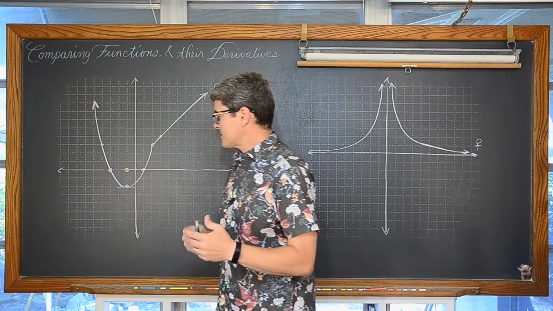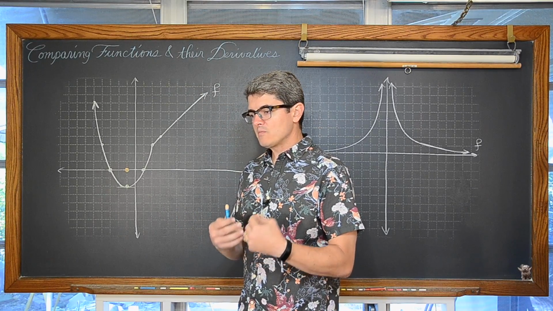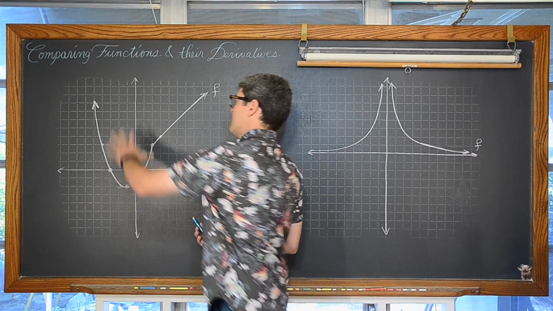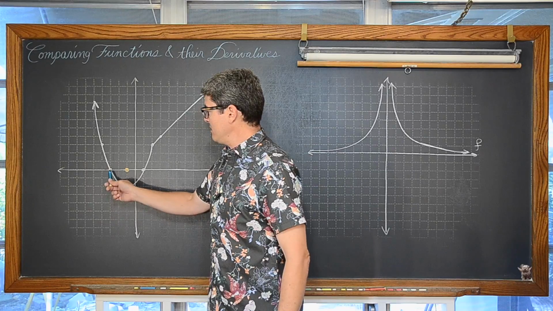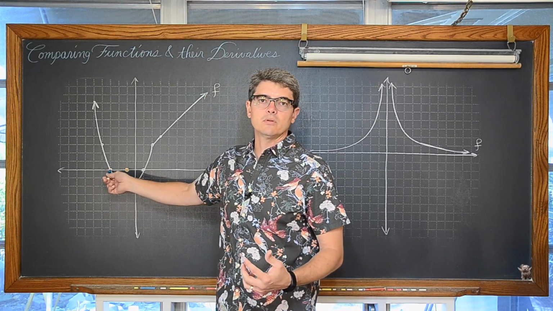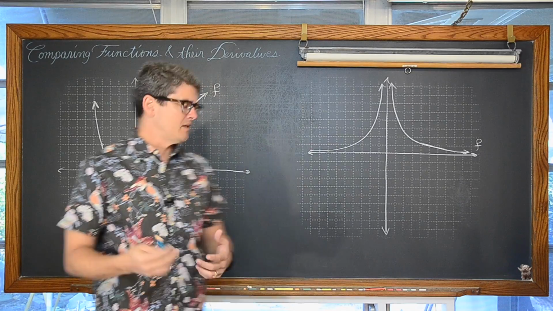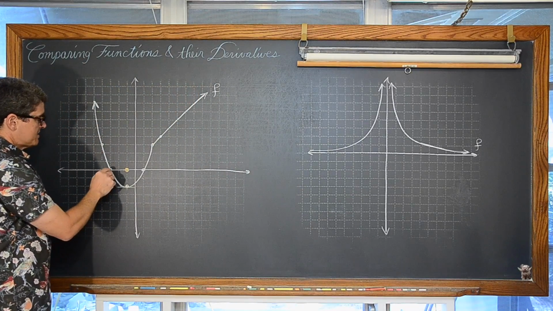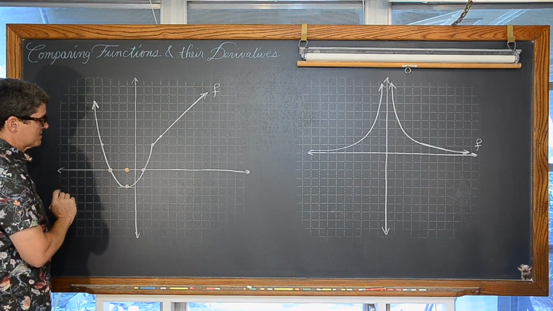And it seems to be helping for me to force my kids to not look at this as one complete picture, but break it down into pieces. So let's say we look here where x is equal to -3. What does it appear that the slope for this graph is at x equals -3?